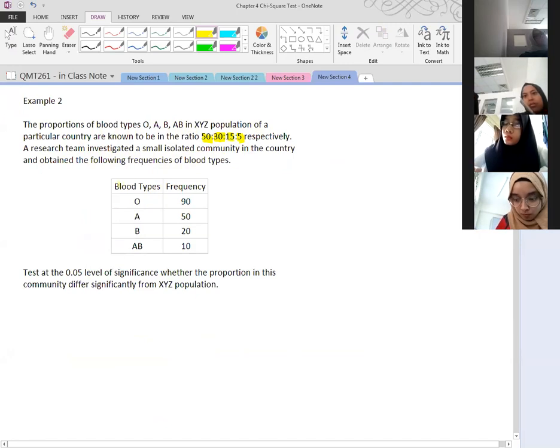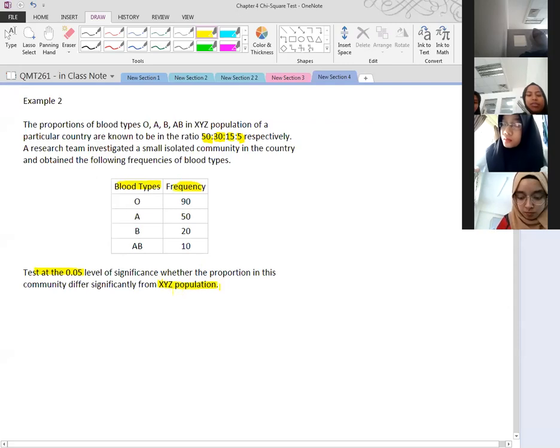This is the blood type, and this is the observed frequency for the isolated community. Test at the 0.05 level of significance whether the proportion in this community differs significantly from the XYZ population.